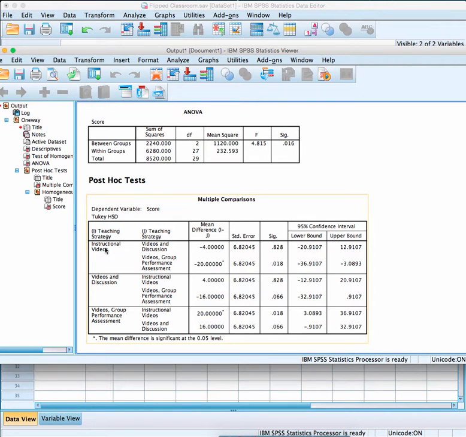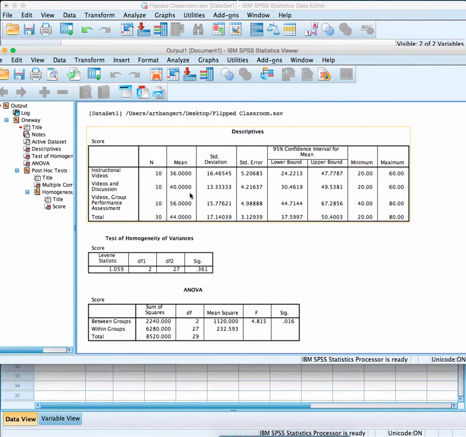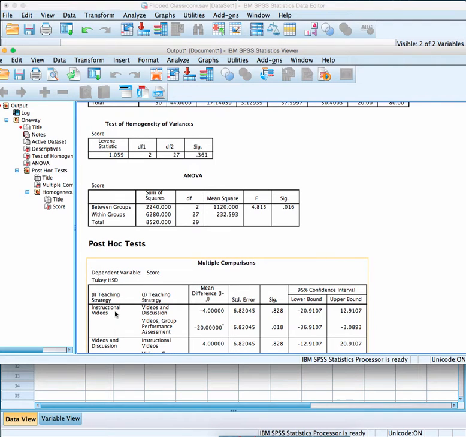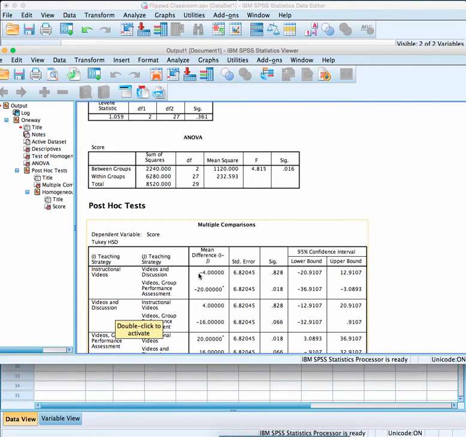What the post hoc tests do is make all combinations of multiple comparisons. So in this case, the mean exam score for instructional videos is compared to the videos and discussion group. So in other words, if we come up here, we see this is the mean 36 as compared to the mean 40. So 36 minus 40 is minus 4. So there's 4 points difference with the video and discussion group mean being higher.